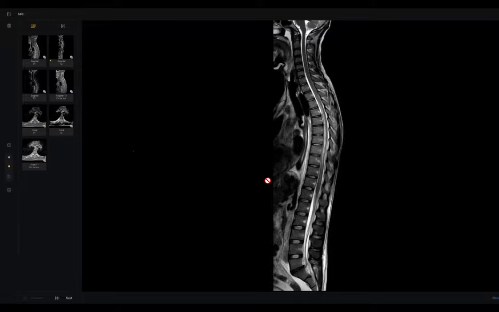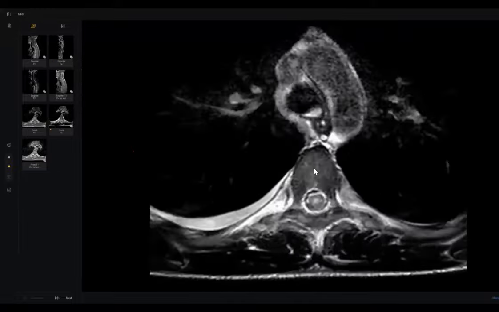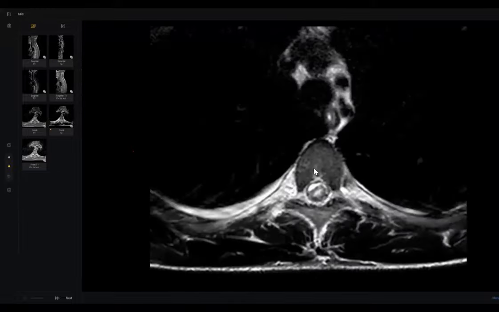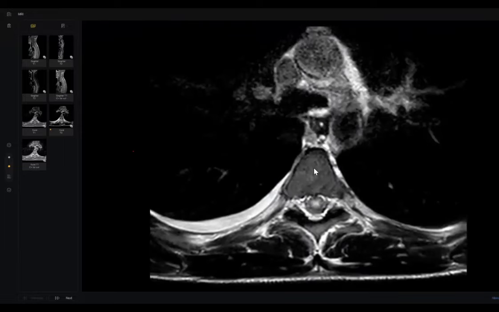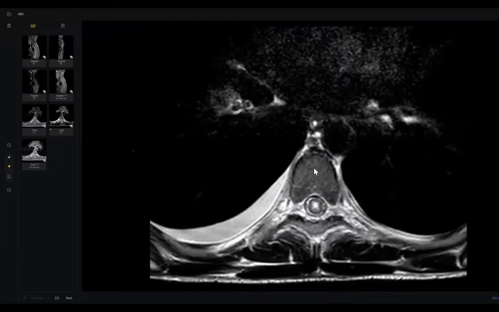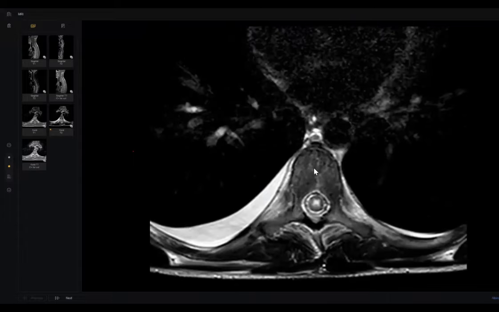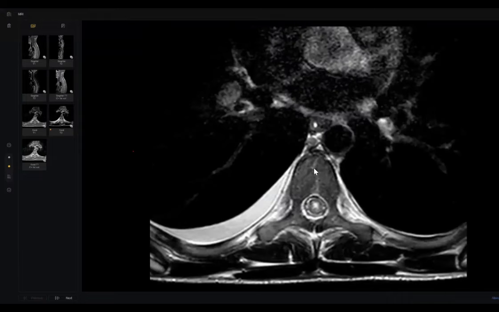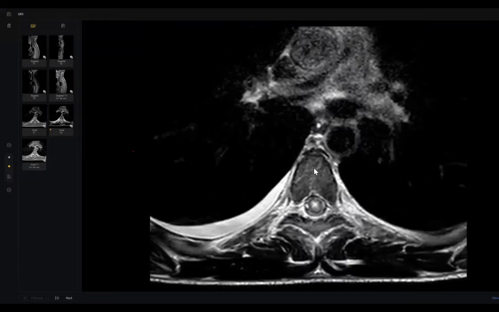Okay. On axial T2, the cord appears not enlarged, and the signal is seen centrally within the cord.